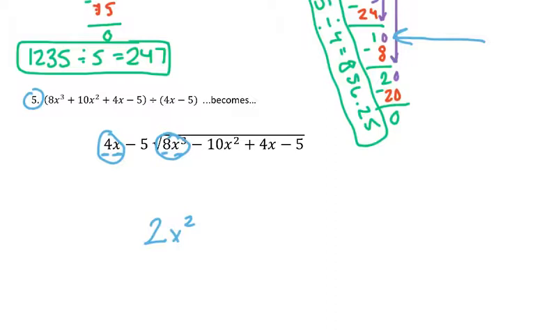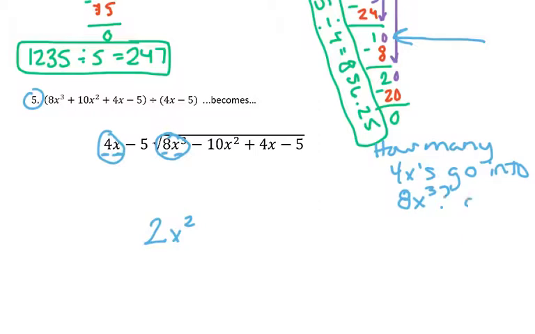So again, that first question is, how many 4x's go into 8x cubed? Or, what is missing?